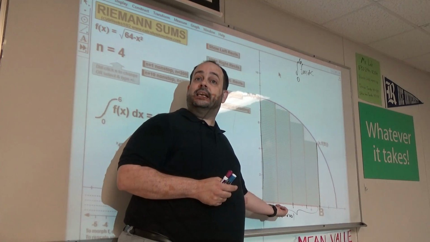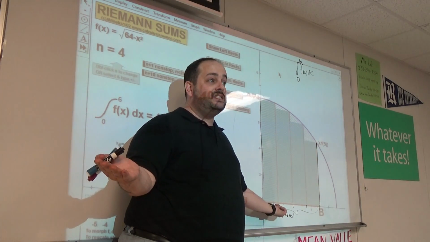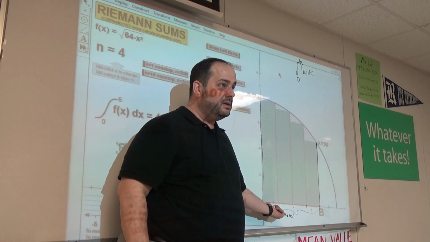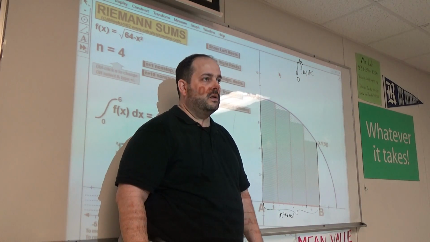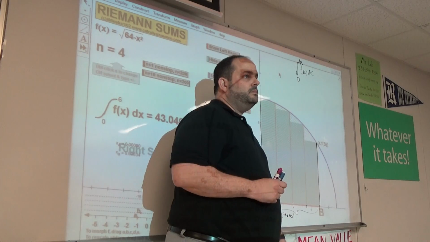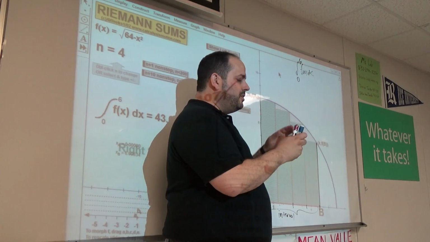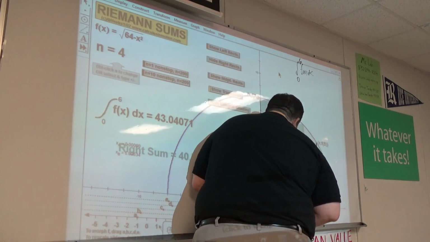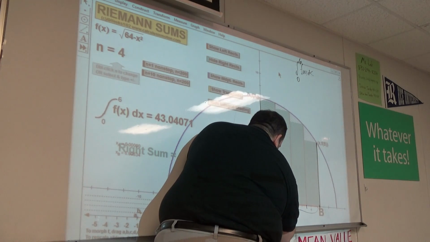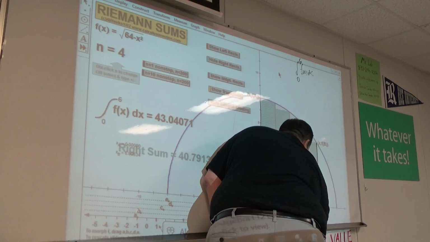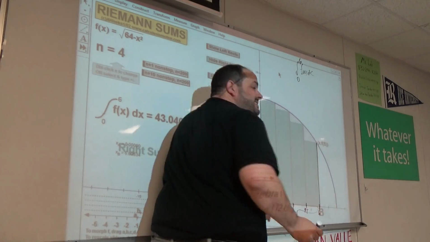My partition is still the same. What's different with the right endpoint method? David, what's different? Instead of having the rectangles go over the graph, they're staying below the graph, because my partition is 0, 1.5, 3, 4.5, and 6.